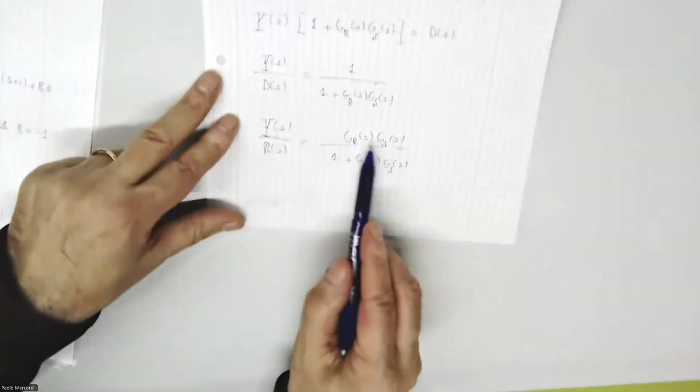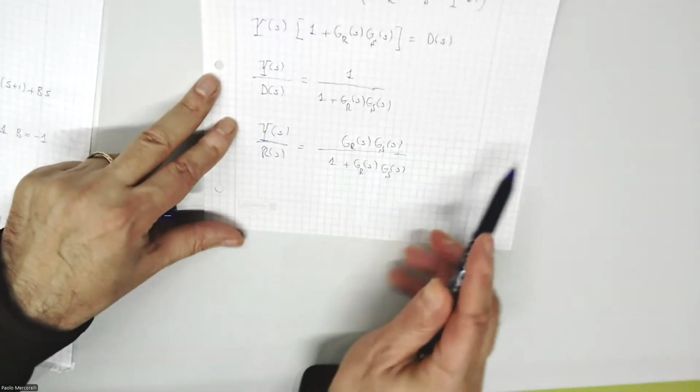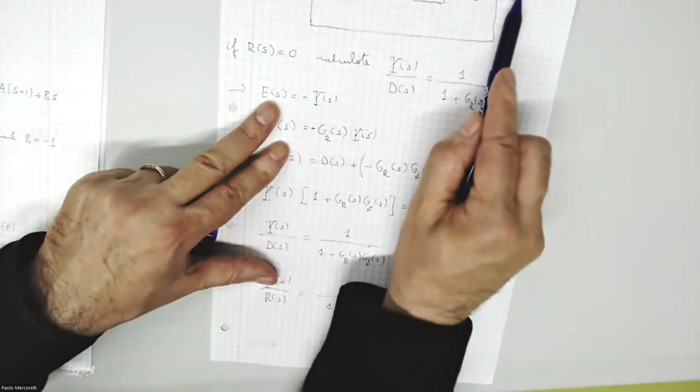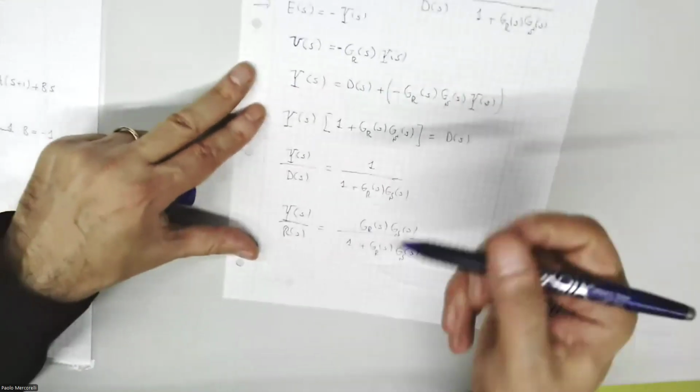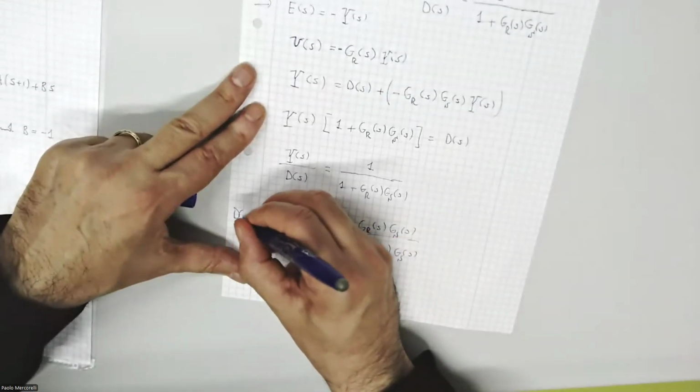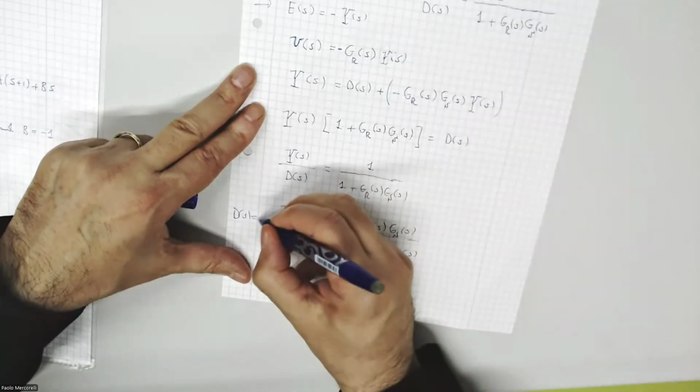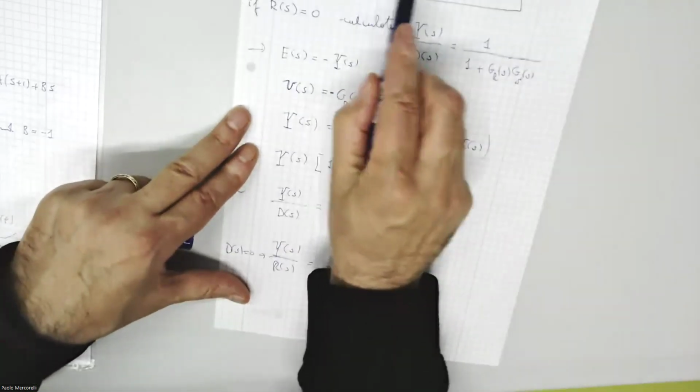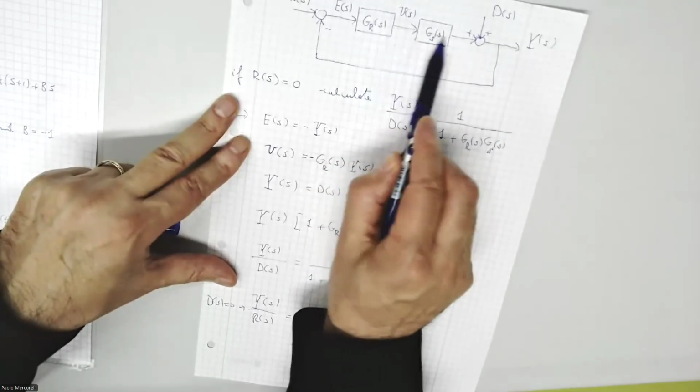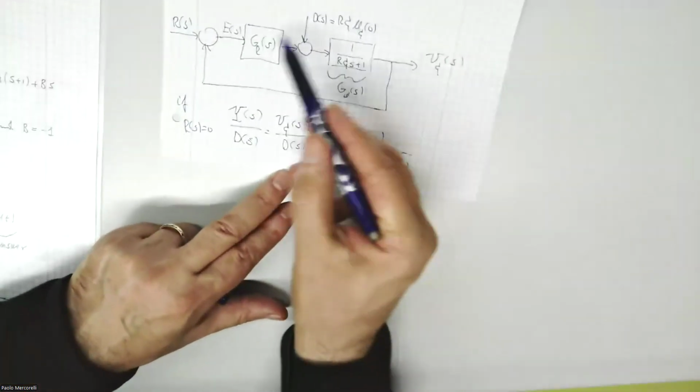Why this both in the numerator? If you look at the rule from here to here, if this is 0, I have these two blocks in the numerator, no? These two blocks in the numerator. The same like here. It's exactly the same.